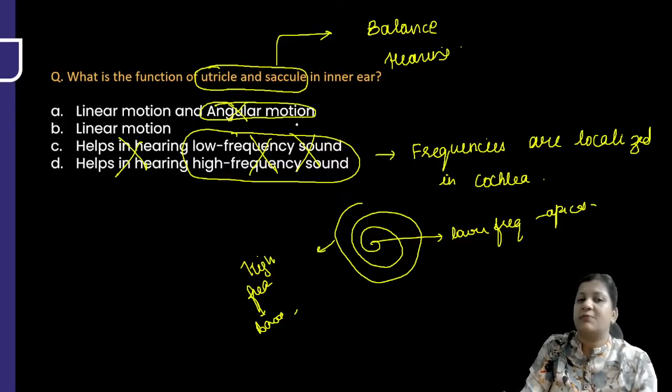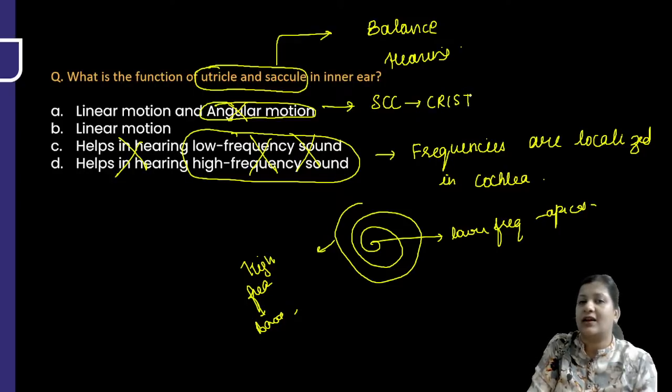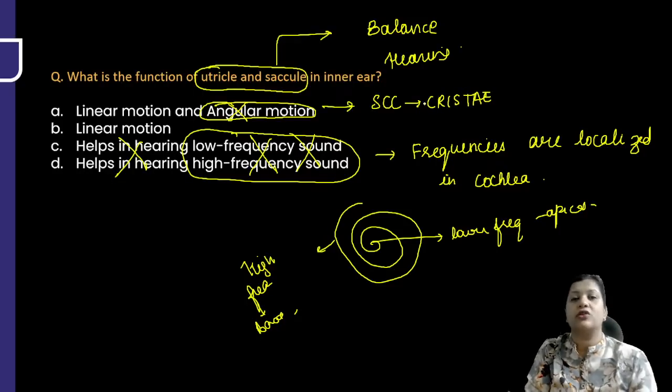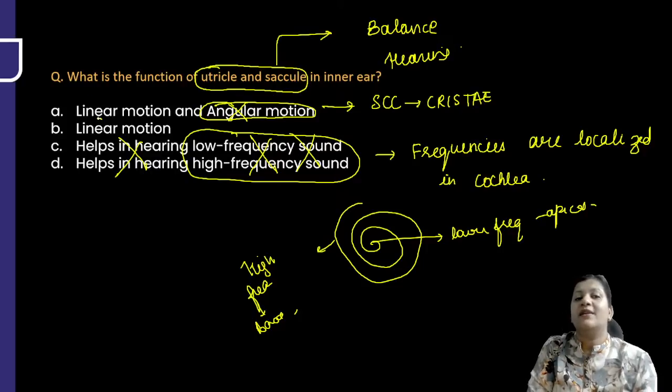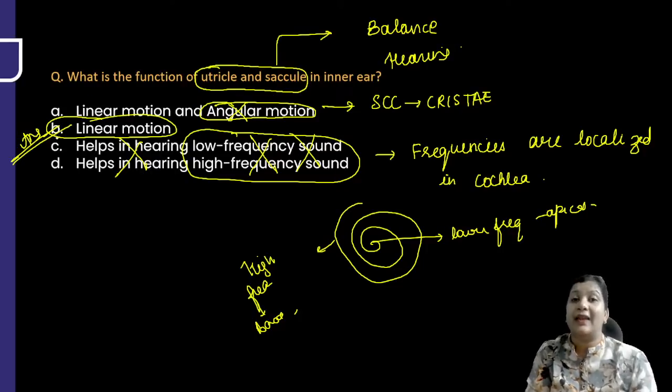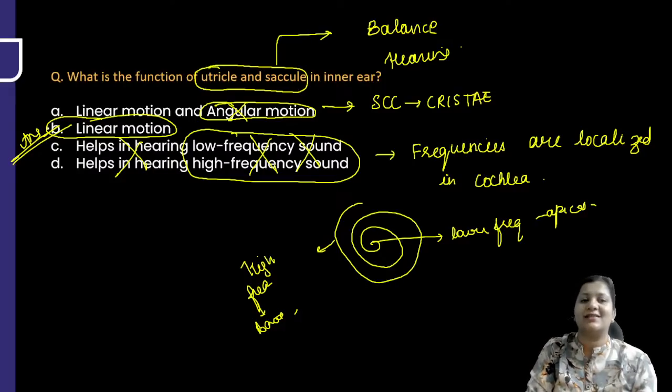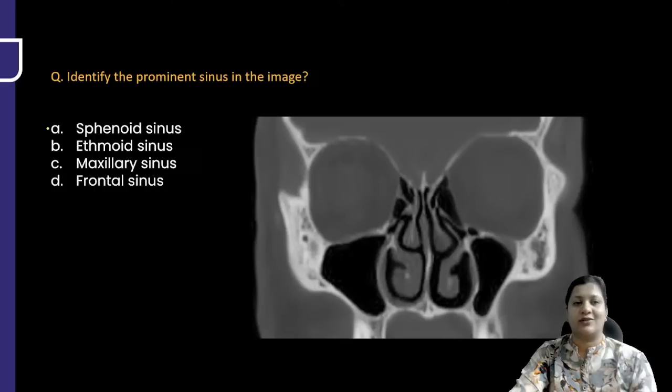Angular motion is a specific function of your semicircular canals which contain the crista. It's not a function of utricle and saccule. But for all the other functions of balance like linear motion, linear acceleration, deceleration, position of head against gravity, static equilibrium, it is going to be your utricle and saccule. So the correct answer is B, which is linear motion.